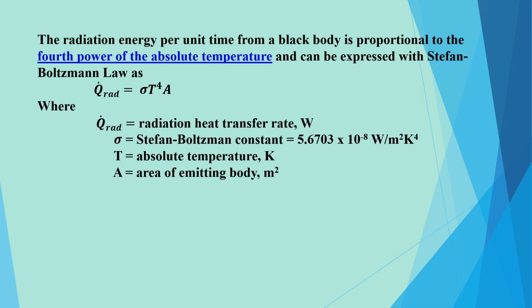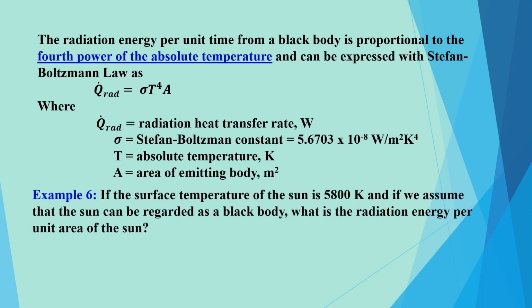Sigma is the Stefan Boltzmann constant, which is equal to 5.6703 times 10 to the minus 8 watts per meter squared Kelvin to the fourth. T is the absolute temperature in Kelvin. A is the area of emitting body, meter squared. Example number 6.